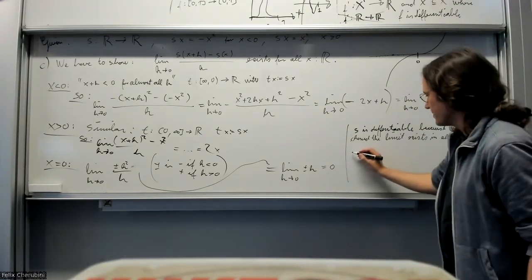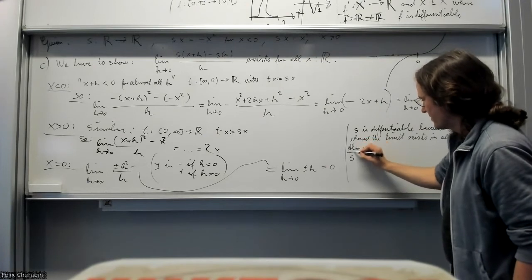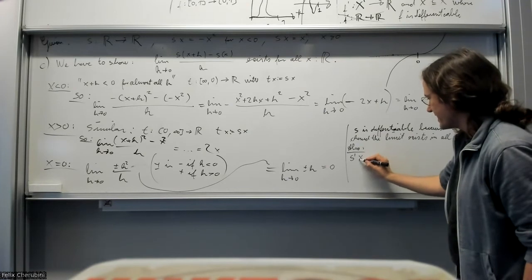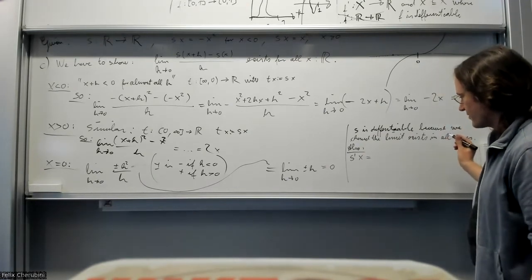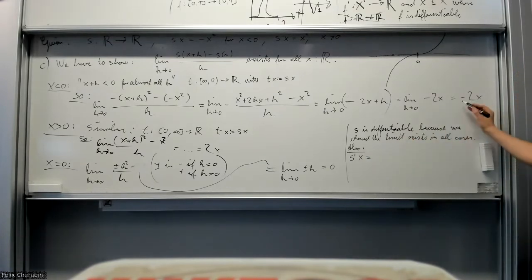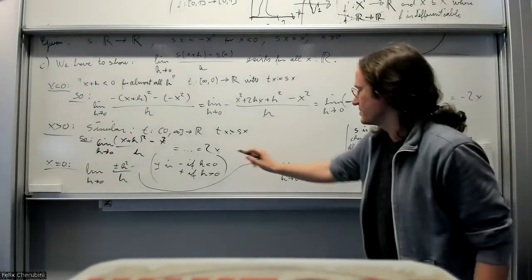And what we also know is S prime of x is the following function. It depends on the sign of x again. So in this case, we got minus 2x, and in the other case, we got 2x.